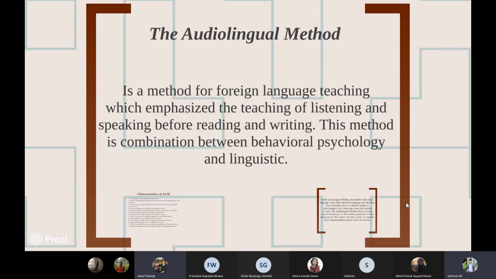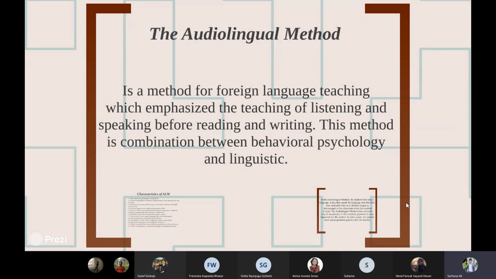So, we have the audiolingual method. Fundamentally, this method started with the outbreak of World War II, as we all know, because through this method the USA Army tried to build the oral language skills of soldiers. That's why this method is also called the Army method.